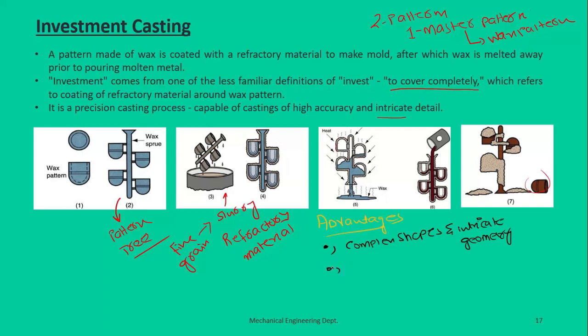Another advantage is good dimensional accuracy. The dimensional tolerances can be as good as 0.075 millimeter. And probably you remember that in the case of the vacuum process we have a dimensional tolerance of 0.25 millimeter. So it is even better than the vacuum process, now 0.075 millimeter.